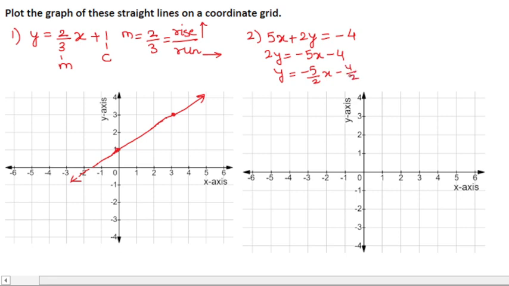So 4 by 2 eventually gives me 2. So if you see, my y-intercept is negative 2 and my gradient is negative 5 by 2.